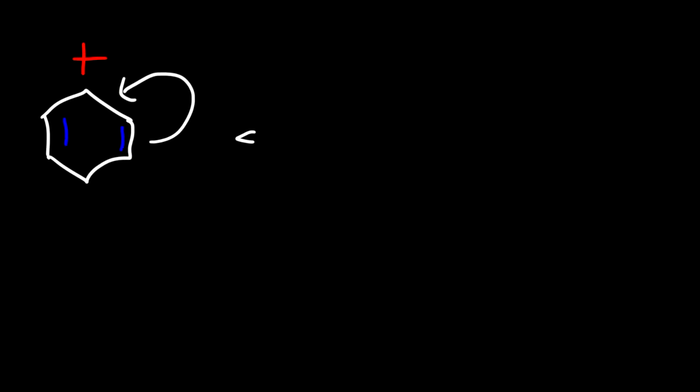Now for the third example, we can draw 3 resonance structures as opposed to 2. Starting with this one, I could take this double bond and move it here, giving me this new resonance structure, which looks like this.